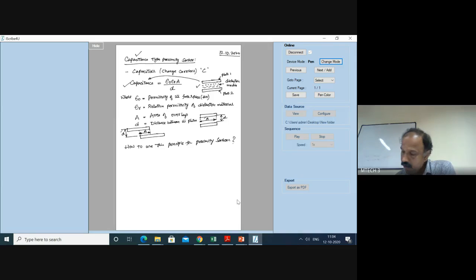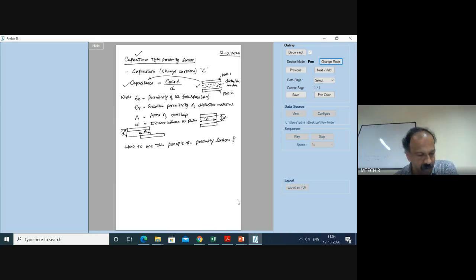Now, with this concept of capacitance, we'll try to understand how to build the proximity sensor. Before that, what do you mean by proximity sensor? What are we detecting here? We are determining the amount of distance moved.